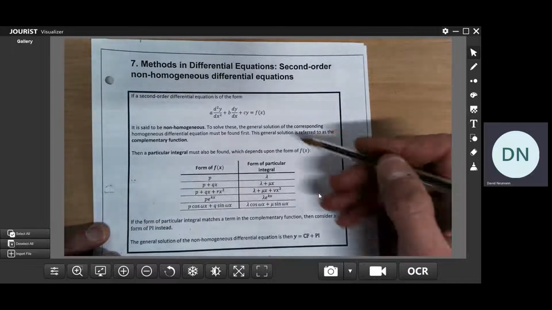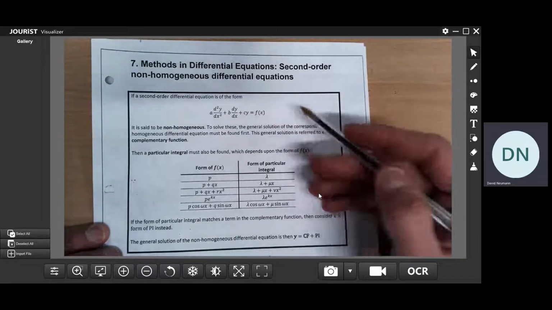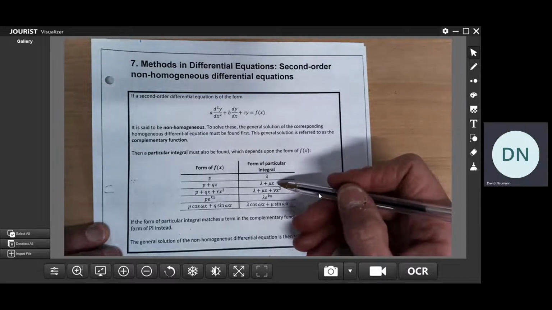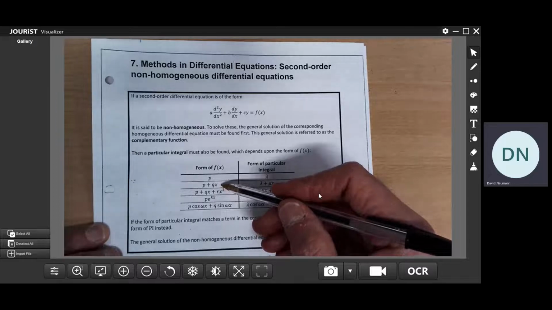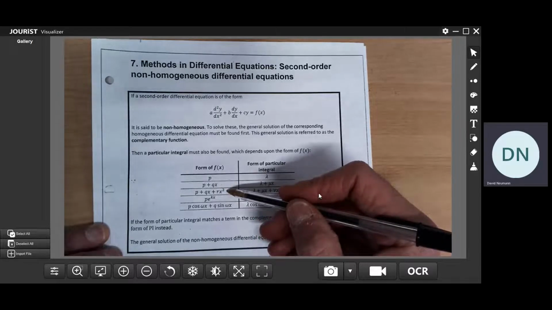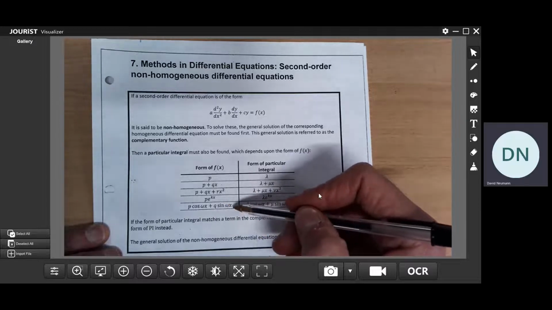The simplest is the right hand side being just a constant. Then we could have the right hand side being a linear function of x. We could have it being a quadratic. We could have an exponential function, and we could have a combination of trig functions.